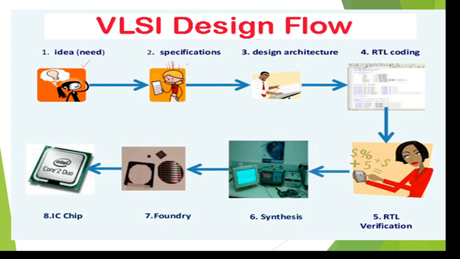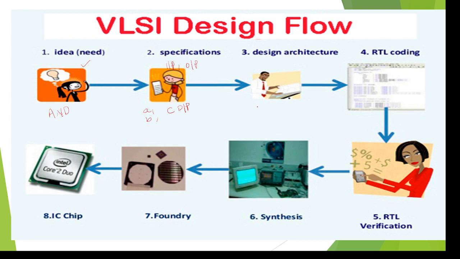That is the specifications. What are our required outputs and required inputs? For example, I have a small idea, and just assume that we need to design an AND gate. So what are the input specifications? A and B are the inputs, and C is an output.